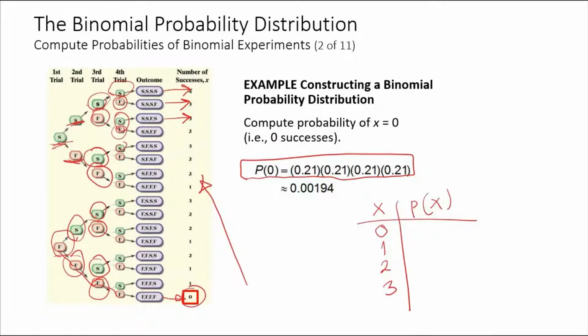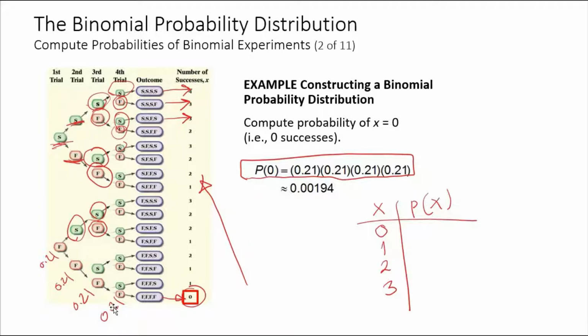So if we plug these numbers in here, we will have 0.21 for the first one, 0.21 for the second one, 0.21 for the third one, 0.21 for the fourth one. Now the probability of failure is going to be the probability that the first one failed to be on time, and the second one failed to be on time, and the third one failed to be on time, and the fourth one failed to be on time.